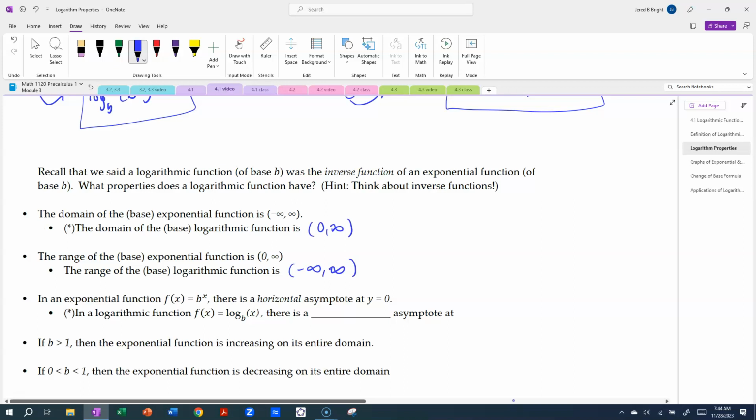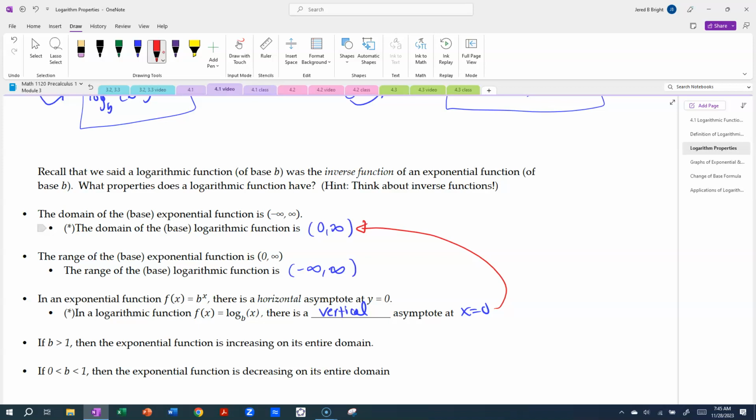Okay? And then similarly, because we switch domain and range, the asymptote changes. So the horizontal asymptote of y equals 0 that occurs for exponential functions becomes a vertical asymptote at x is equal to 0. And we can actually see that line up from the domain, right? We can't have anything before 0.